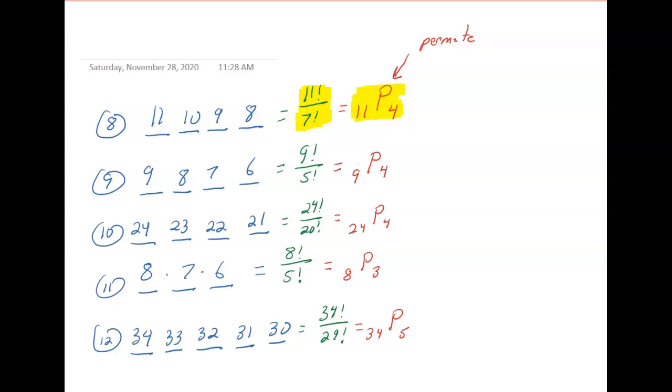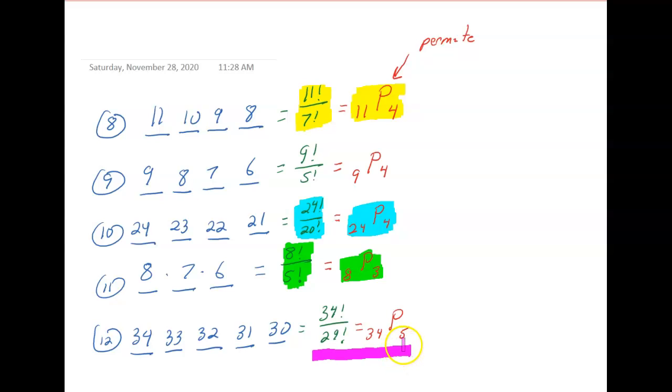If I jump down to 24 factorial over 20 factorial, 24 permute 4. If I look at 8 factorial over 5 factorial, we said 8 permute 3. And then if you look at the last example, 34 factorial over 29 factorial, that's 34 permute 5.